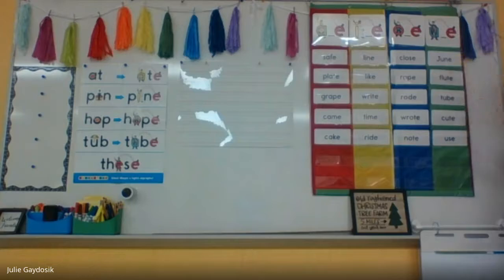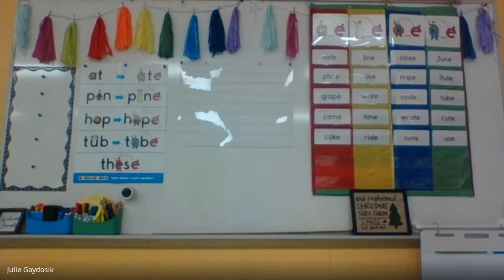So he would change up the umbrella to Mr. U. June, June, and remember, this can make a U sound or an oo sound, okay? June, flute, tube, cute, use, use. Good job. All right, so that's our review.